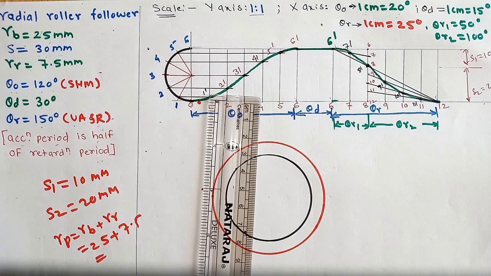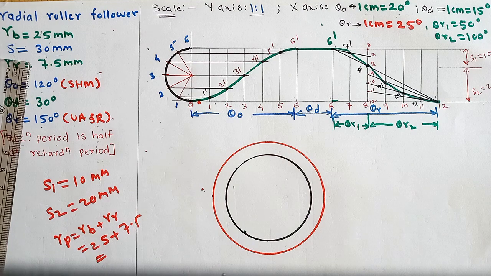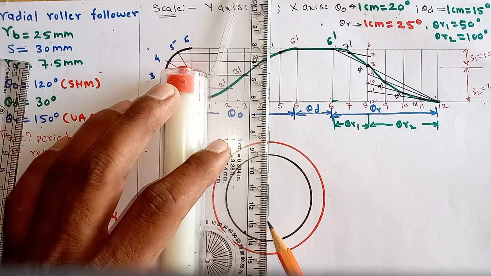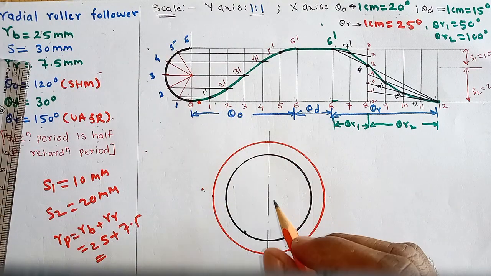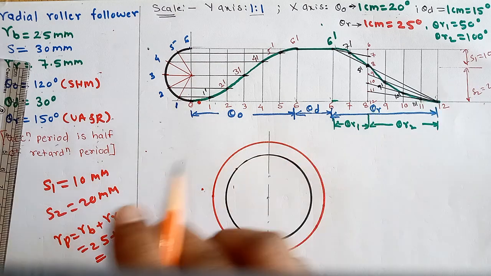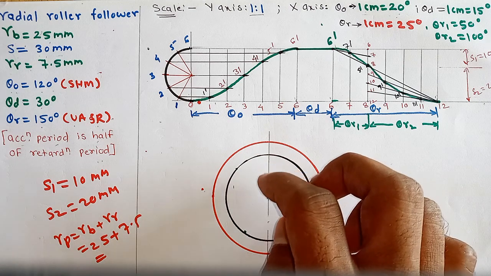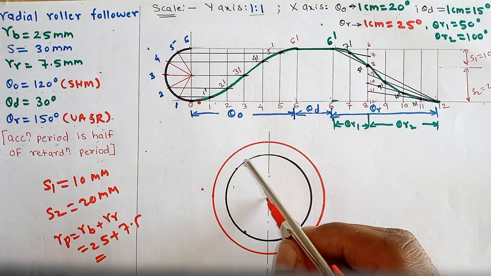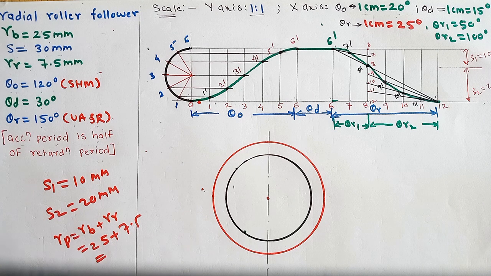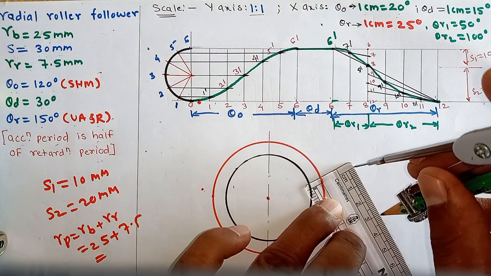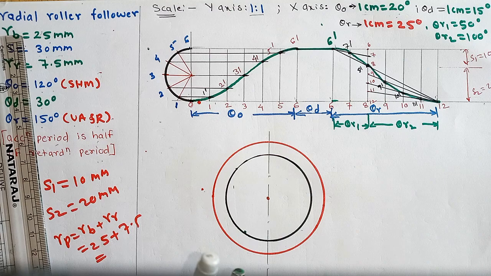Now let us draw the axis of this cam. Since the follower is radial, the axis of motion of follower or line of action of follower will pass through the cam center, which is here. Now let us draw the roller in its lowermost position. Radius of roller is 7.5. Of course its center will lie on the prime circle.